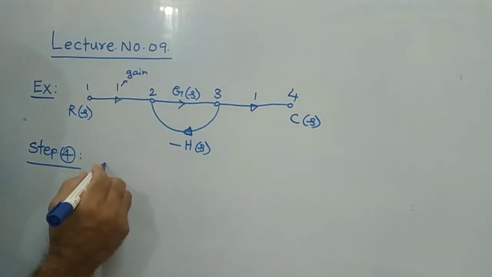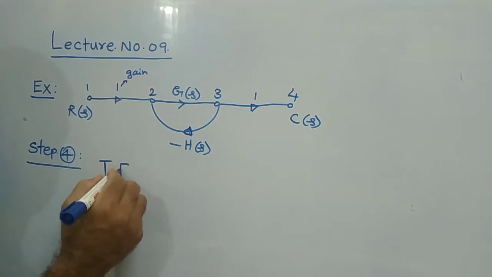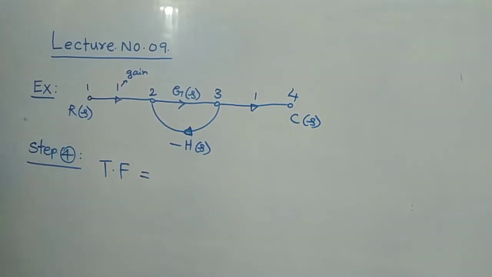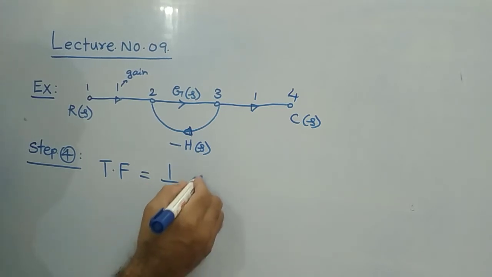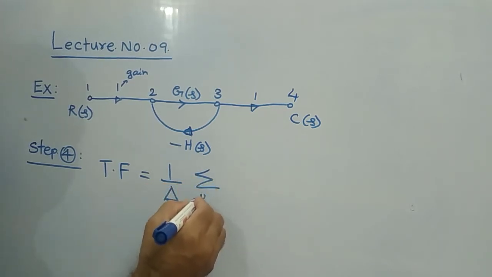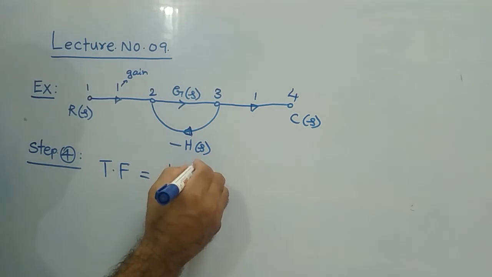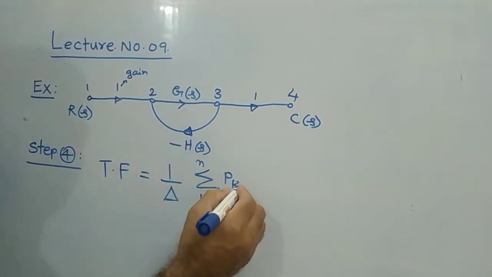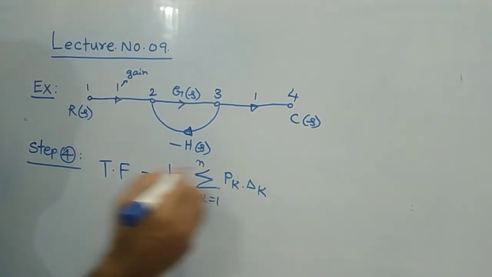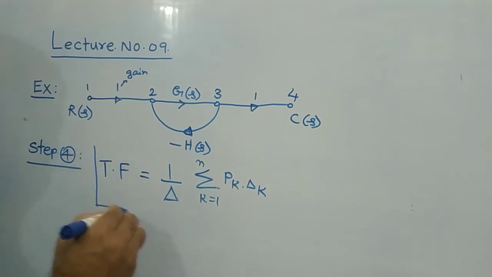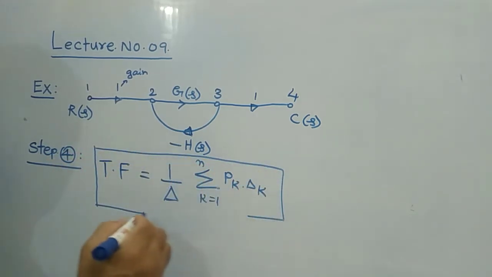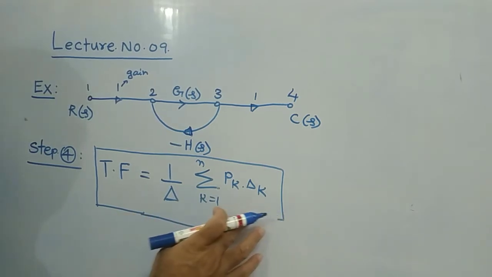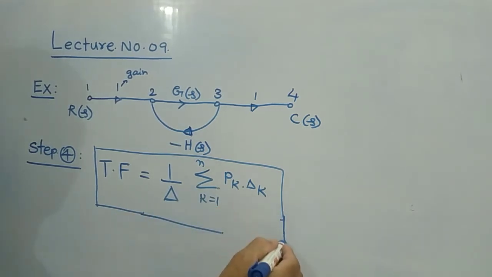I already explained in the last session, TF is equal to 1 by delta, sigma k equals 1 to n, Pk delta k. As per step number 4, this is your formula. As per this formula, you have to identify your transfer function.